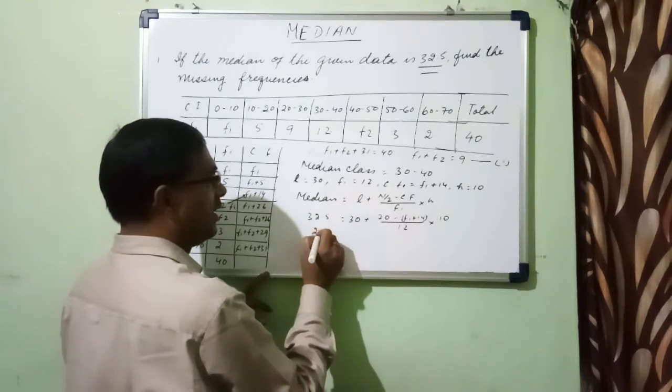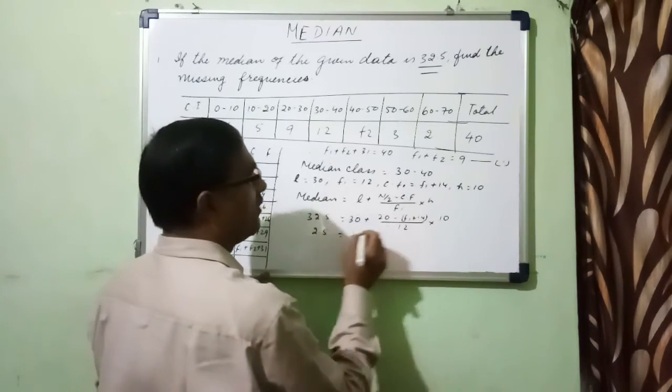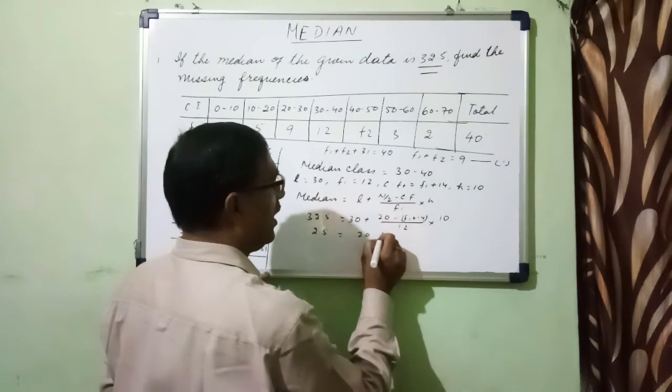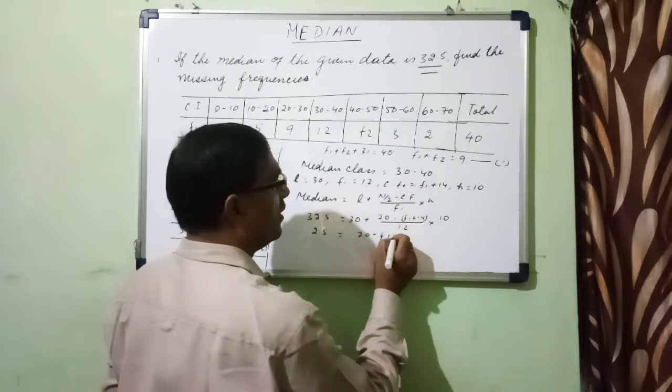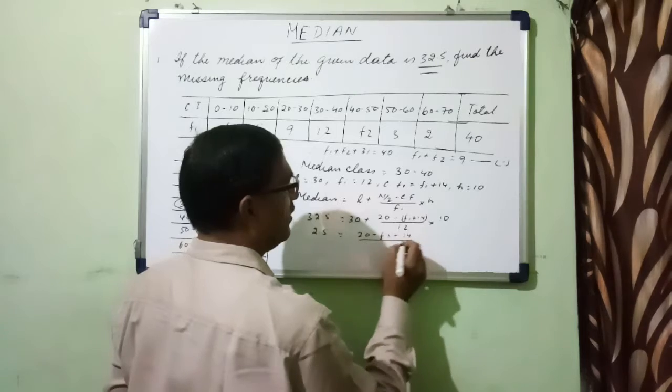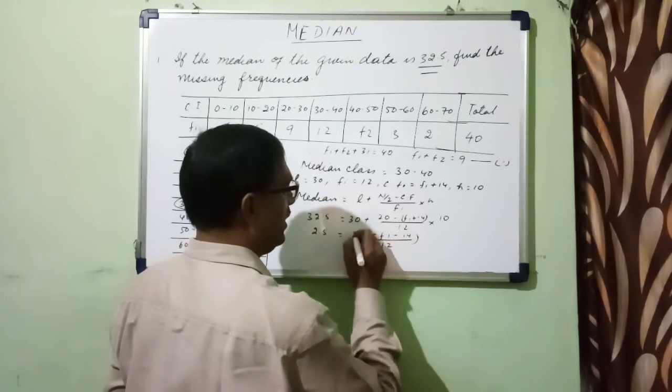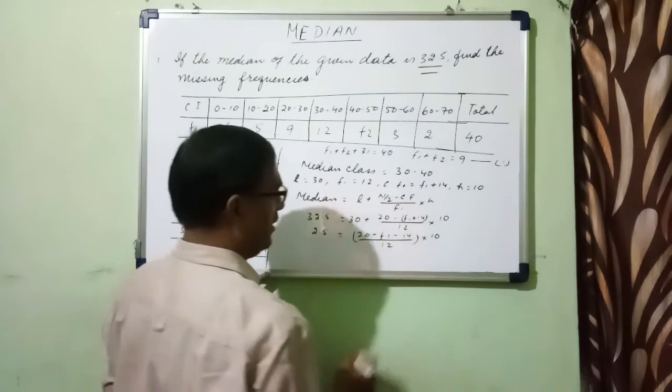Transferring this side, it will be 2.5, and that will be equal to 20 minus F1 minus 14 divided by 12 into 10.